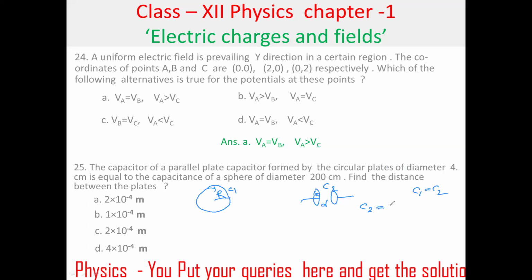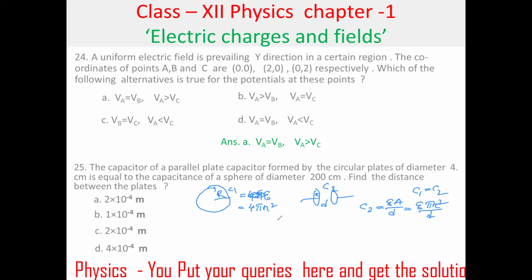C2 equals epsilon naught A by D, which is epsilon naught pi r square by D. For the spherical one, C1 equals 4 pi epsilon naught R square.